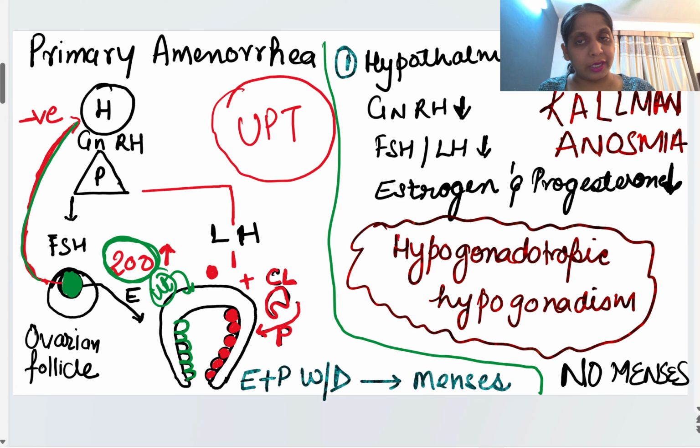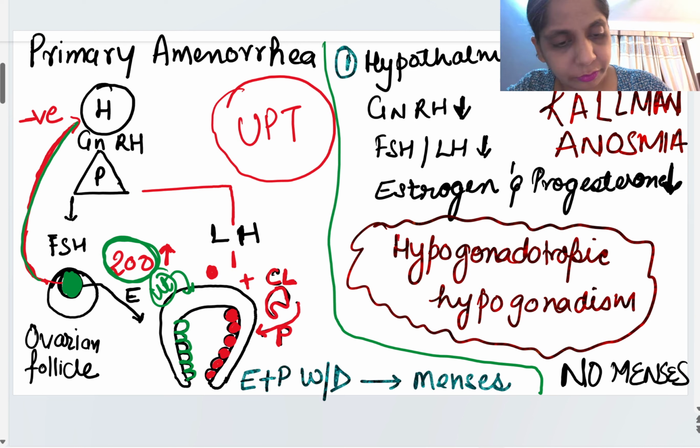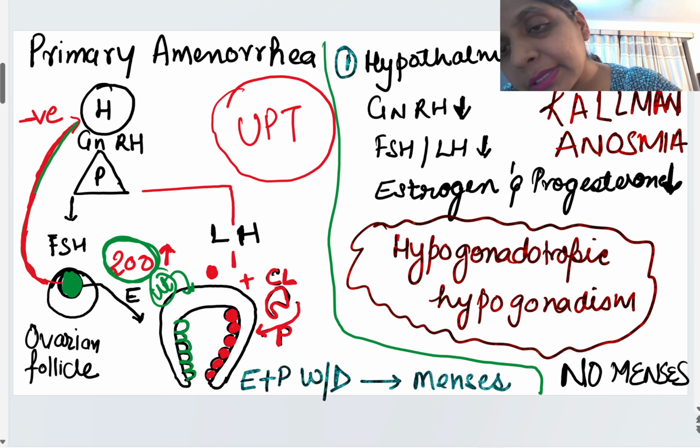And the switch gets on for the LH. Then the LH is released. See, I have written this 200 in red. So when the estrogen level is more than 200, the hypothalamus gets negative feedback, and the switch gets off for the estrogen and on for the LH.